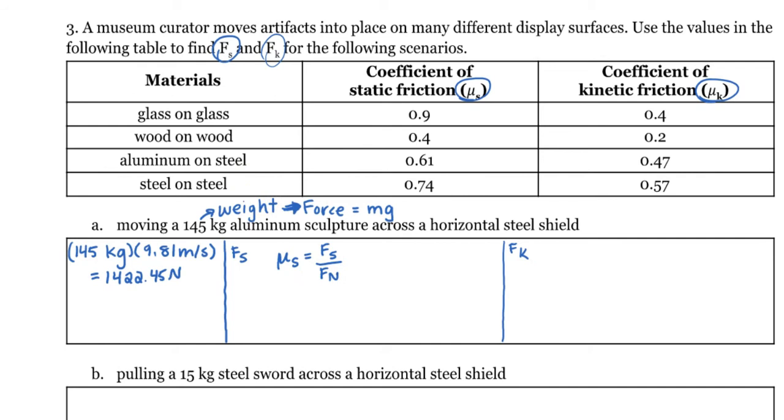Using the value from the table, we have aluminum on steel, so my coefficient of static friction is 0.61. We don't have the force of static friction, but we've calculated the normal force.